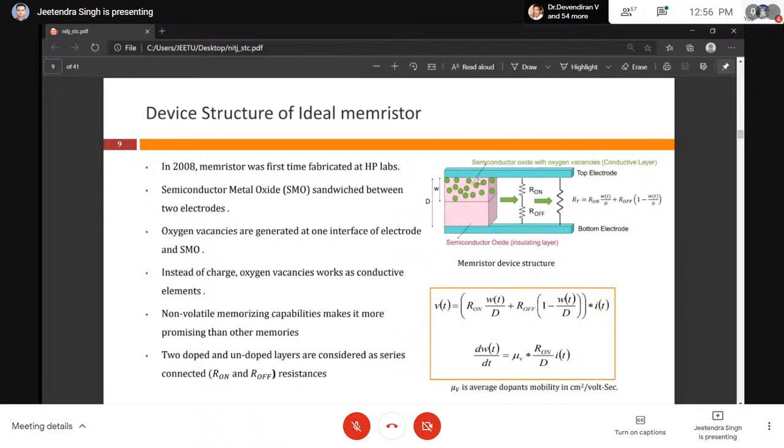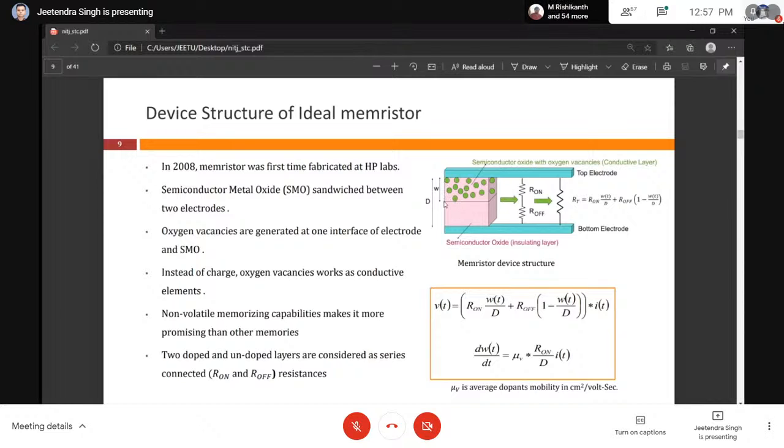Here platinum metal electrodes are used in the HP lab, and they created engineered oxygen vacancies by the process of annealing and other processes. So you can see that instead of charge, they basically generated oxygen vacancies here, and the oxygen vacancies work as the conducting carriers for the memristors.